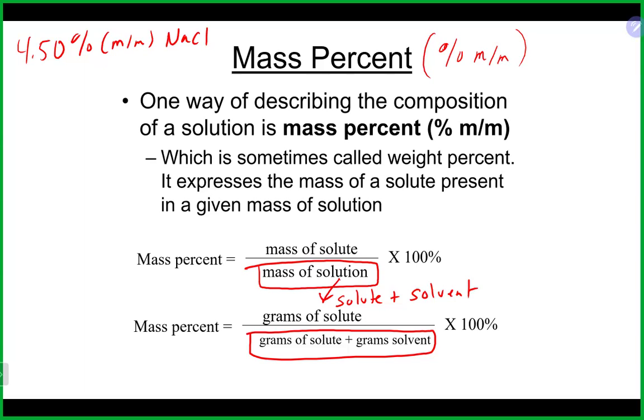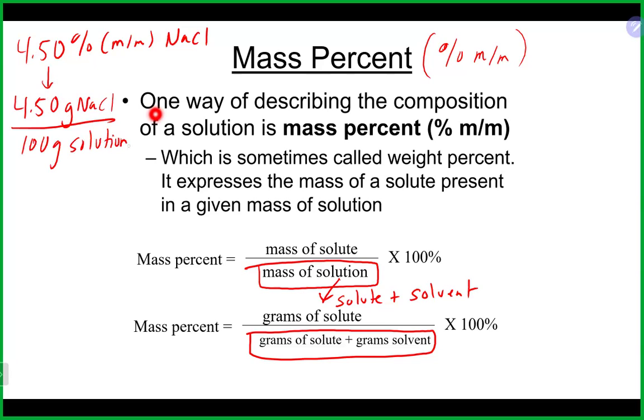And the way I would do that is like normal percentage rules, which is if you have a percentage and you want to turn it into a usable type of number, we usually assume that we have 100 of something, right? And what that does is it keeps the percentage the same number, so you don't have to change numbers or anything like that. So if we take that assumption, we could turn this into a usable conversion factor. And what that would mean is that we have 4.5 grams of sodium chloride in 100 grams of solution.